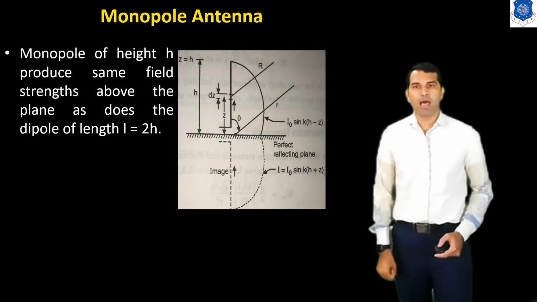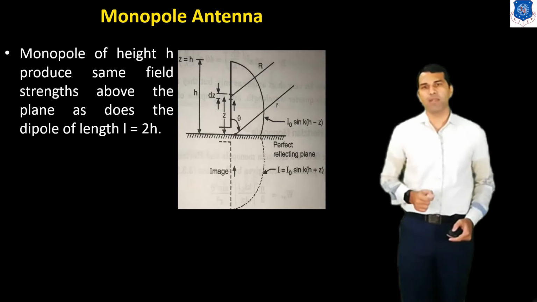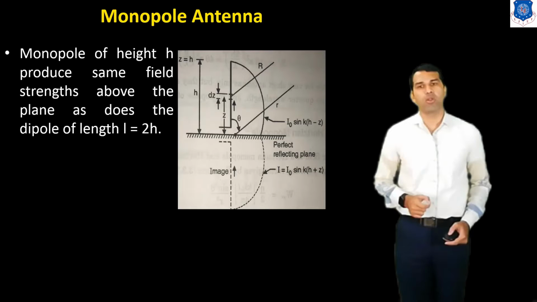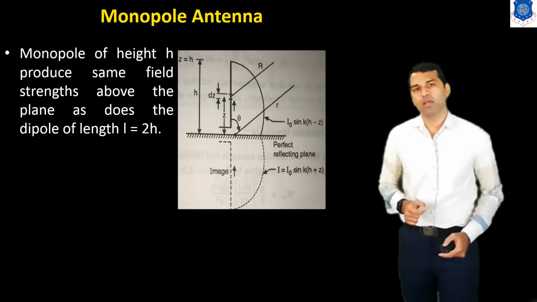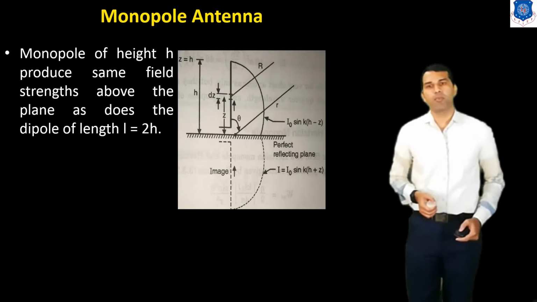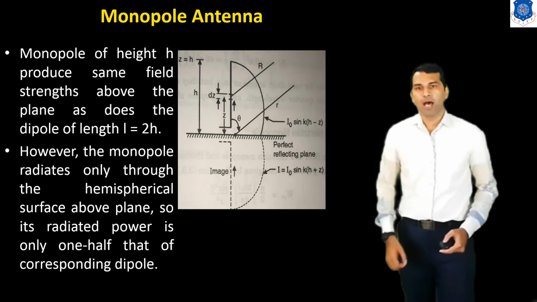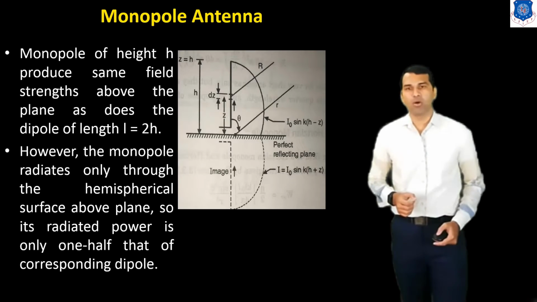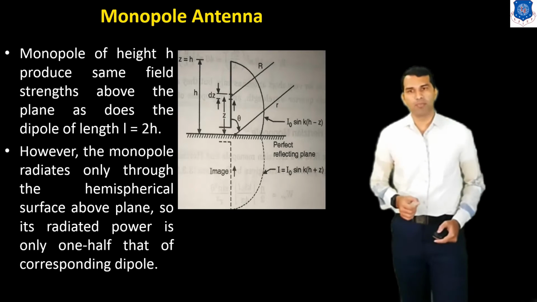A monopole of height h produces the same field strength above the plane as a dipole of length L equal to 2h. However, the monopole radiates only through the hemispherical surface above the plane.